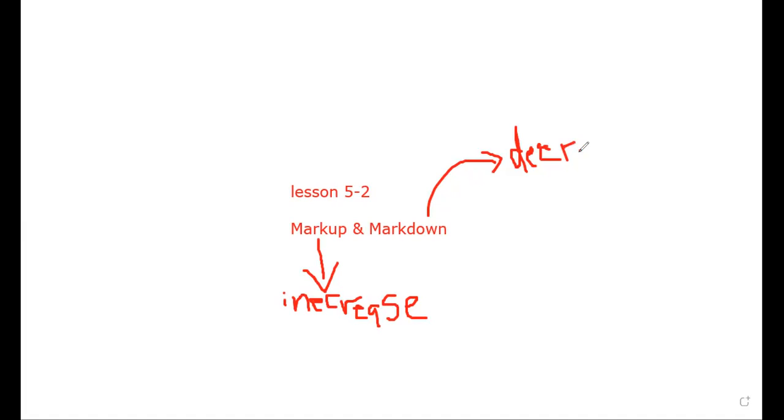Decrease. Sorry, because I'm writing. So here it's the same like decrease, and this one the same like increase.